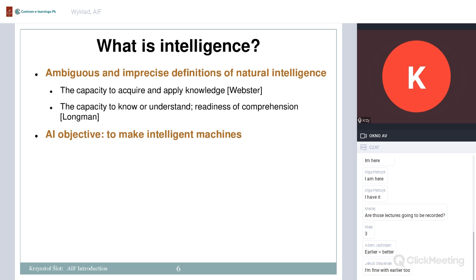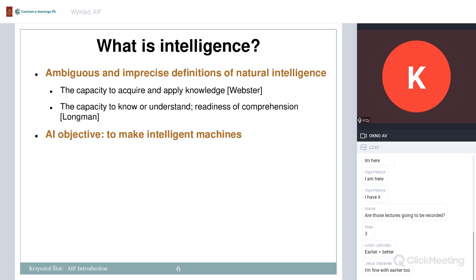So we'll be talking about artificial intelligence. So it is good to think for a while, what is intelligence? And basically intelligence is a notion that is with us as long as humankind is on the earth. But there are no very precise or sufficiently precise definitions of intelligence.